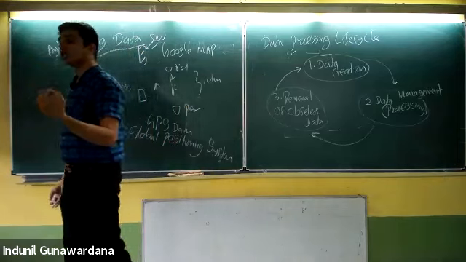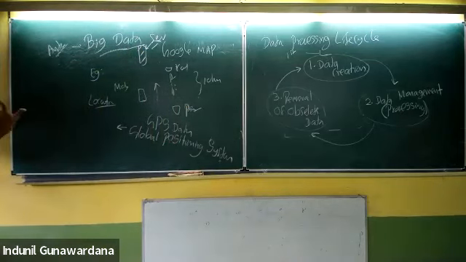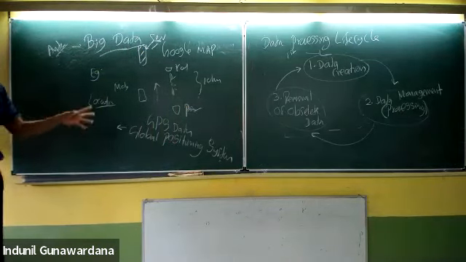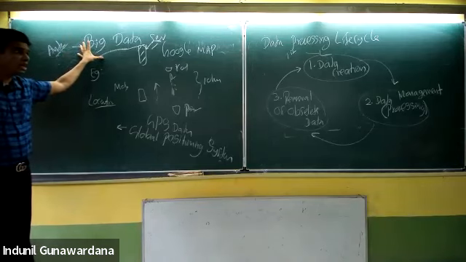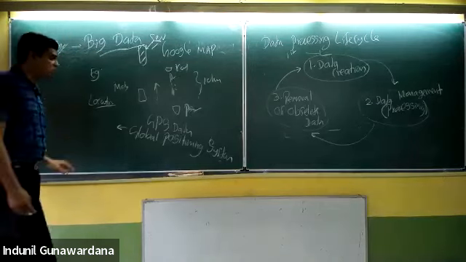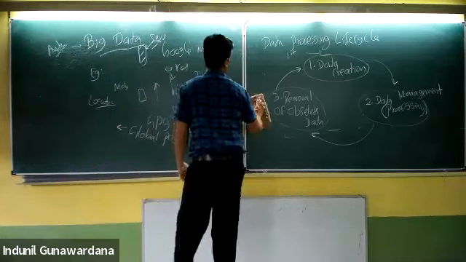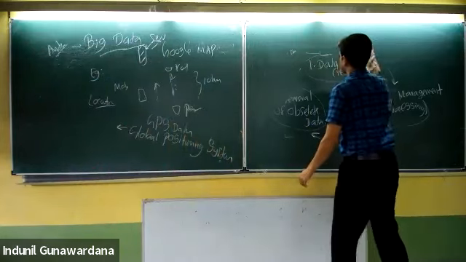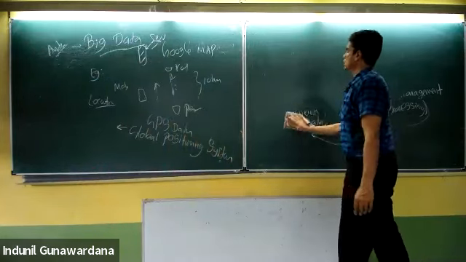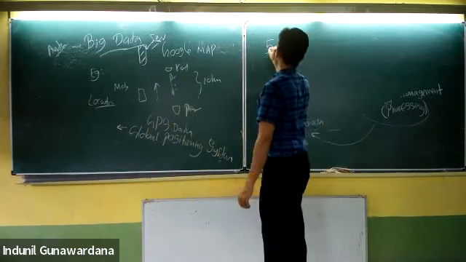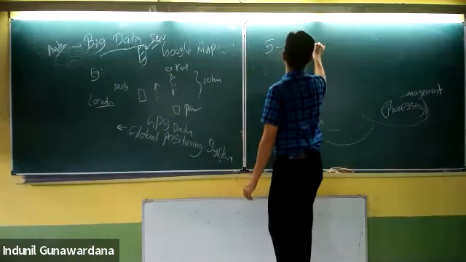Right. Now, with respect to big data, there are some features. If we treat some data as big, there are 5 special features which describe it. They are called the 5 V's of big data.